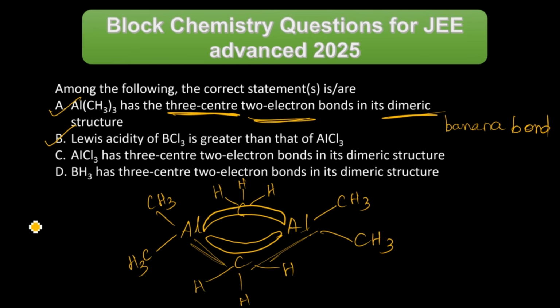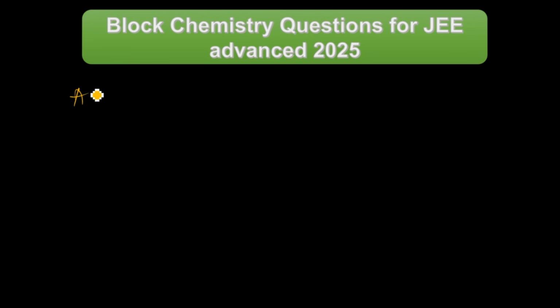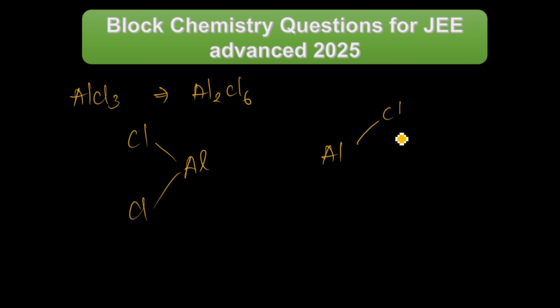Then talking about statement C, AlCl3 has a 3-center 2-electron bond in a dimeric structure. See, AlCl3 will form Al2Cl6 as a dimer, right? So I can write the structure as two Cl, another Al with two Cl. Remaining, I'm having 3 Cl, which will be located like this.